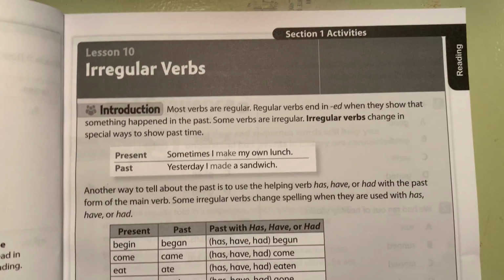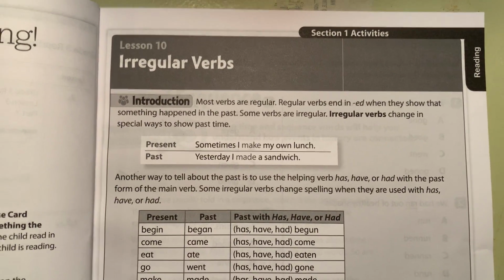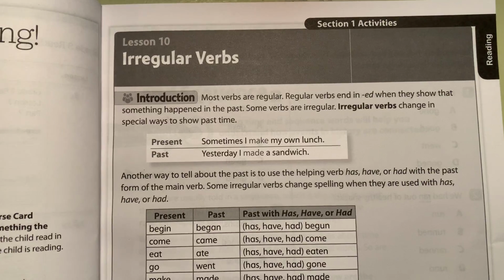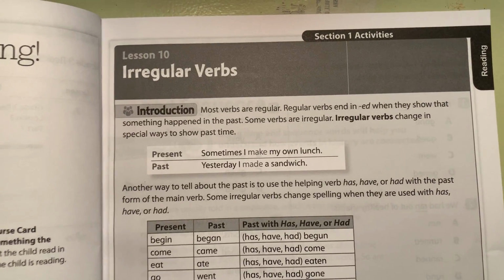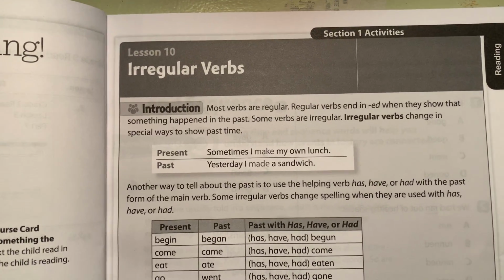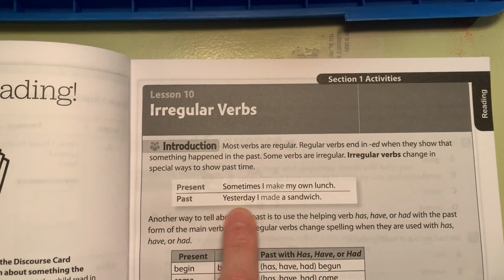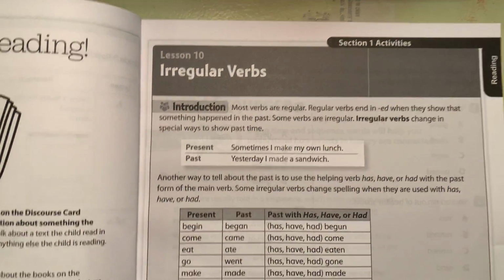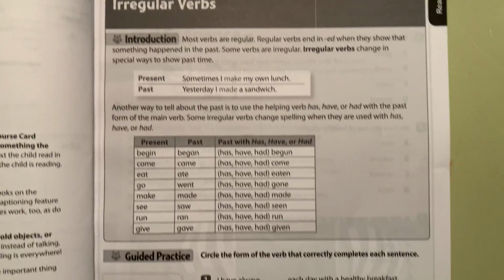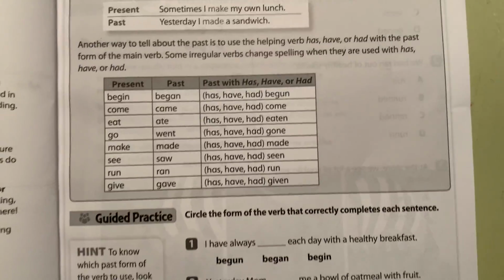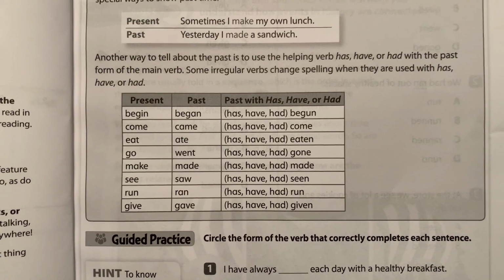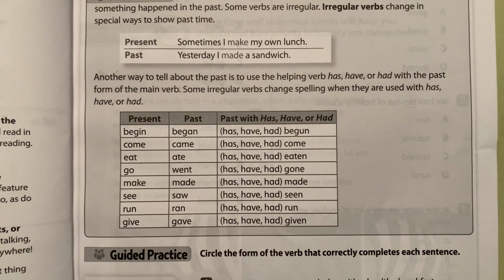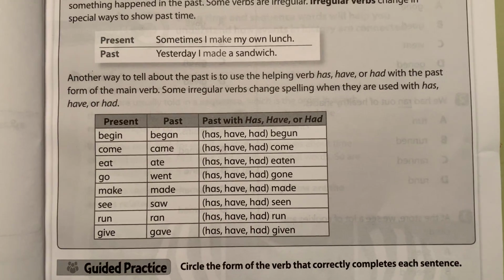You change the actual spelling of the word, so it's not make anymore, and you turn it into made. So yesterday, I made a sandwich. So make would be an example of an irregular verb. And they give you a list of all of the irregular verbs that you're going to be using in this assignment. And they go a little bit further here.